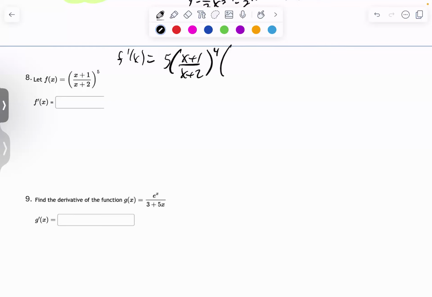And now I'm going to do the quotient rule. Derivative of the numerator is 1 times x plus 2 minus the derivative of the denominator, or x plus 1 times derivative of the denominator, which is 1, all over x plus 2 squared.